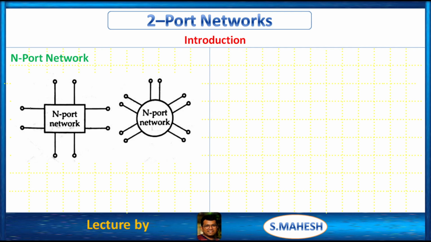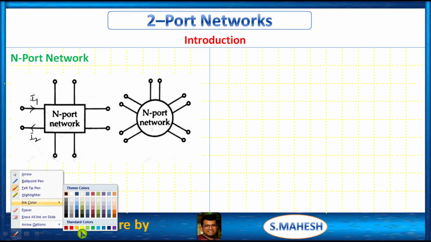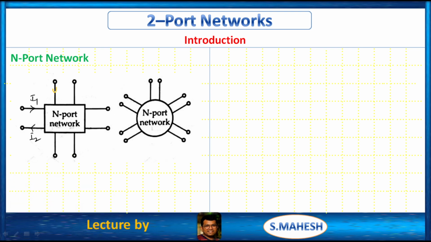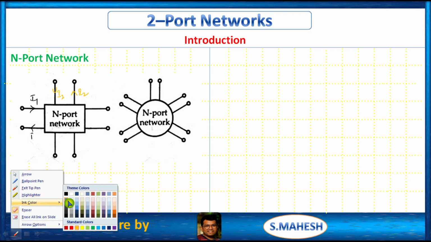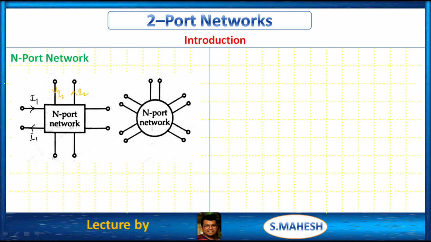Okay, let us say this is I1, I2. Like that, I2, sorry, this is I1. Like that, we have I3, I3, I4, I4.